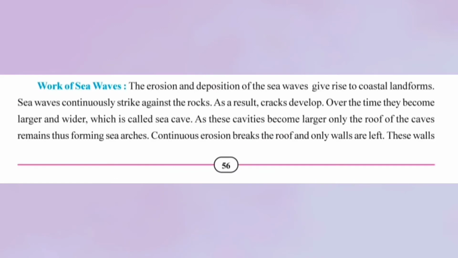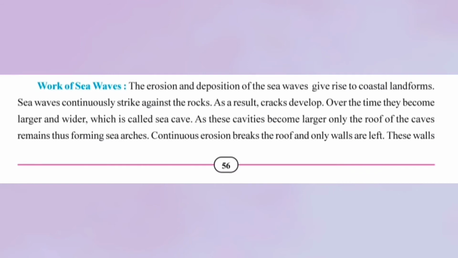When we talk about river action, there are various formations that take place. Whenever we talk about any structure, be it river, sea, or waves, there are two kinds of features that are seen. First is erosional and second is depositional. Erosional means because of the action of sea waves.